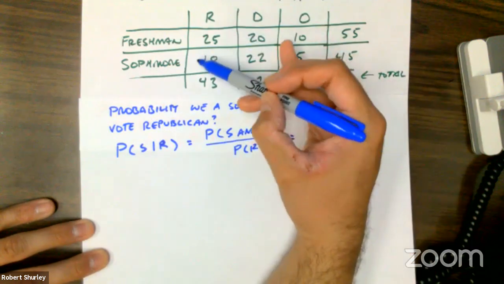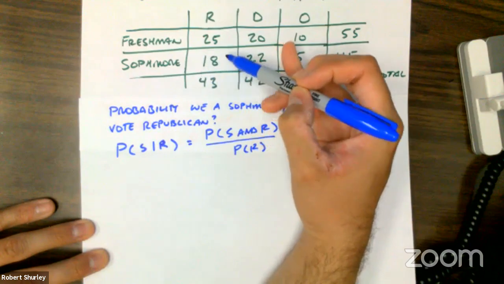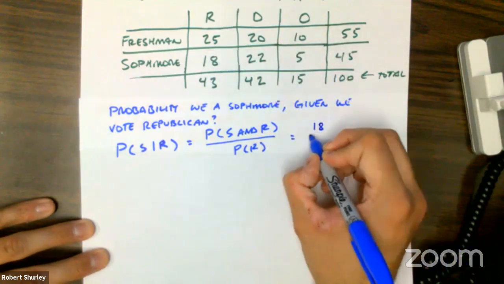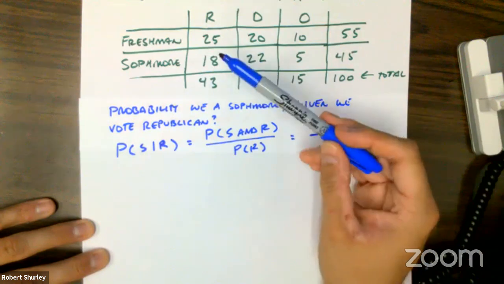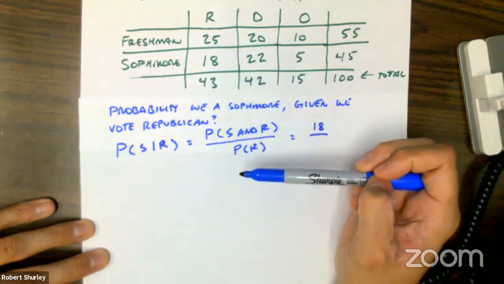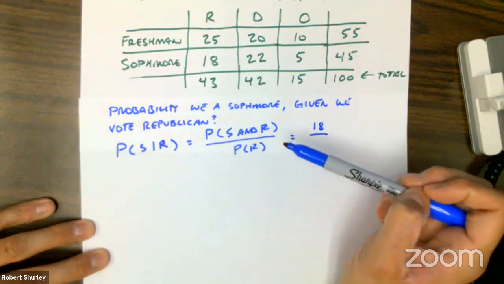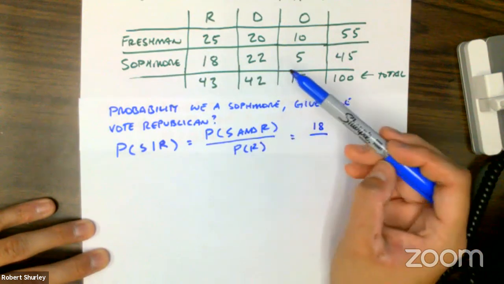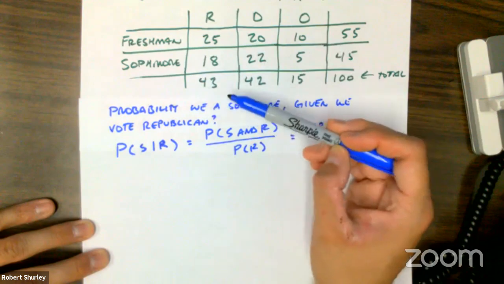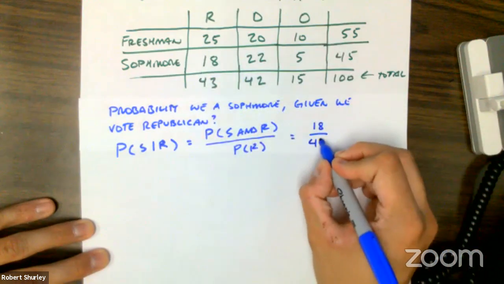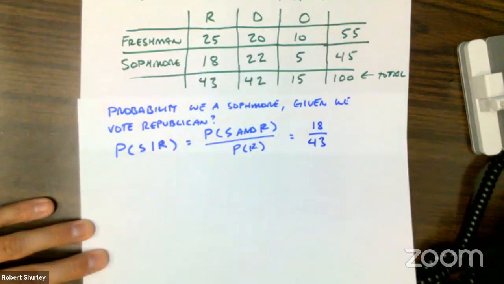Well, sophomore and Republican is right there, right? So 18. Divided by the probability that we're Republican. Well, I'm not using probabilities. I'm using total number counts, and that's fine. So 43 is the number count for Republicans, right?